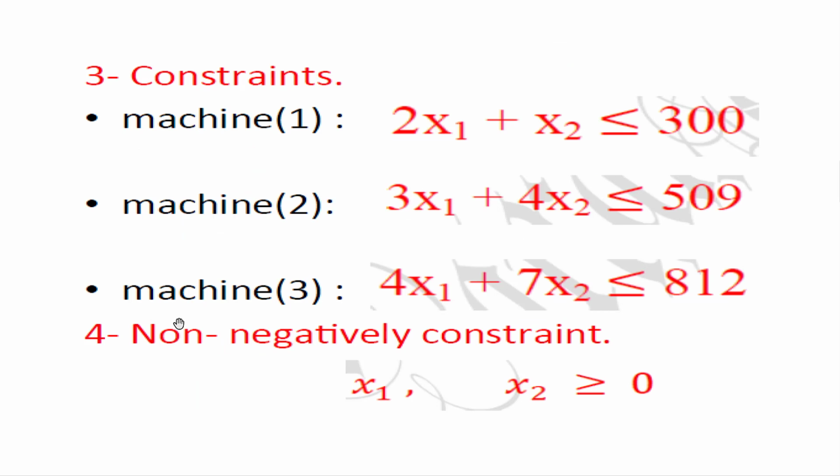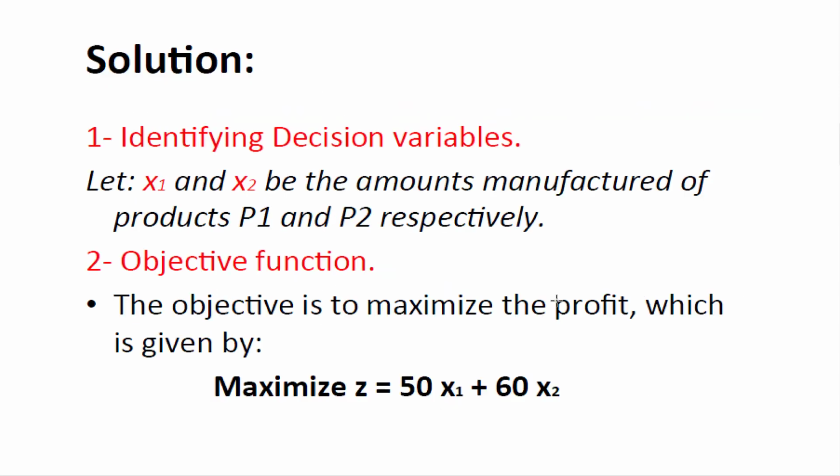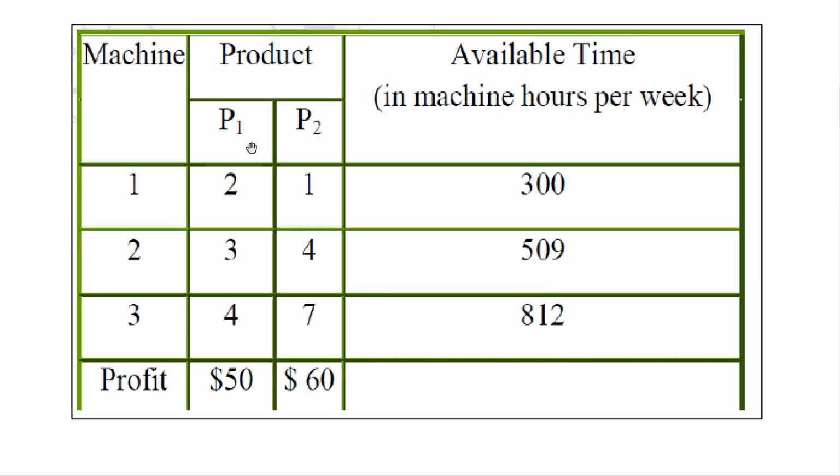The third constraint, for machine 3, is 4x1 plus 7x2 less than or equal to 812.